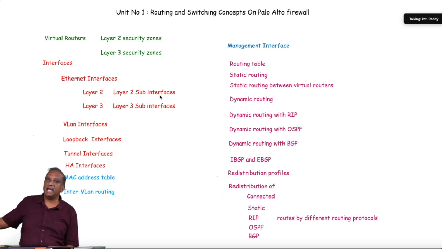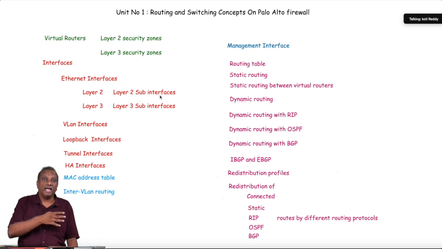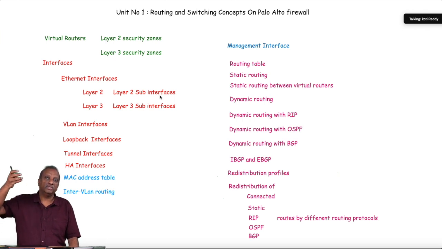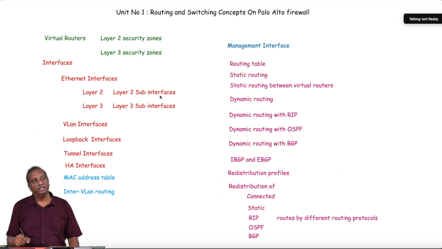Only if you can make the packet come through the firewall and go through the firewall to other places, the way you like, can you then add one more layer saying check for this, check also this, and ultimately deny or allow the packet access, right? So first you should understand how to make the packet go through the firewall the way you like.